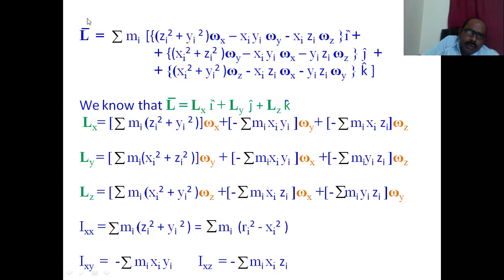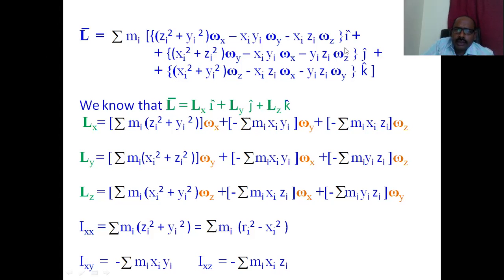So it is L bar. The LHS is a vector. We know that a vector can be expressed as some coefficient into i cap plus some coefficient into j cap plus some coefficient into k cap. So similarly, we are writing L bar is equal to Lx i cap plus Ly j cap plus Lz k cap.